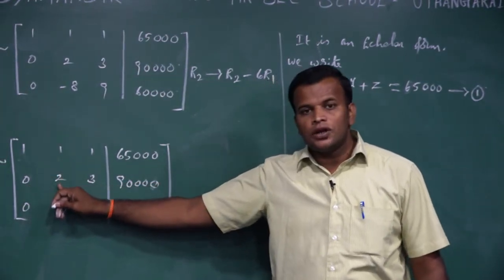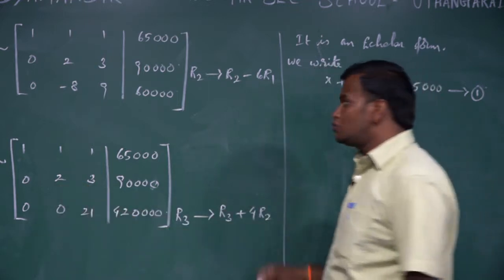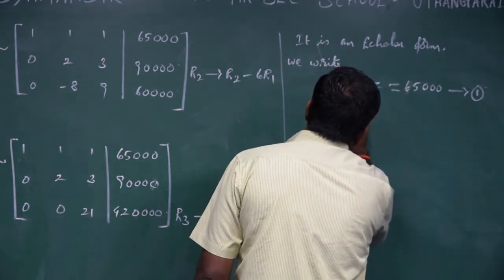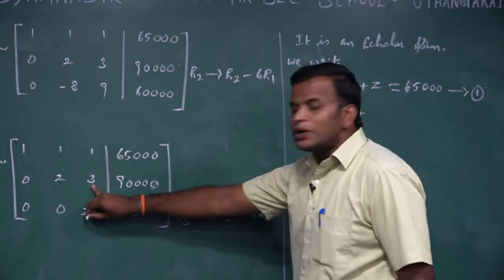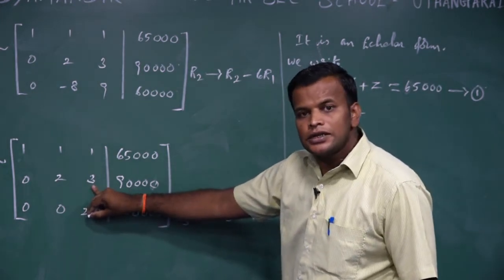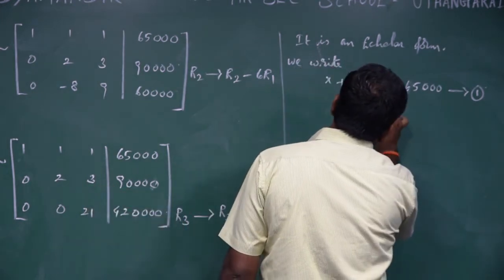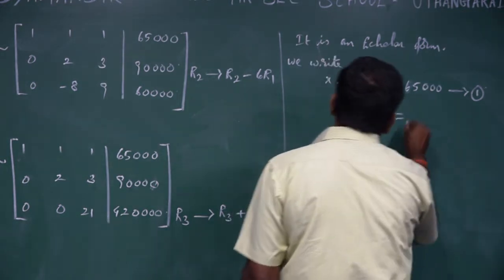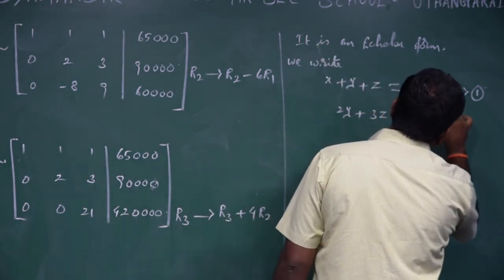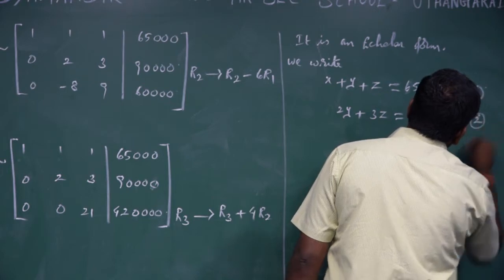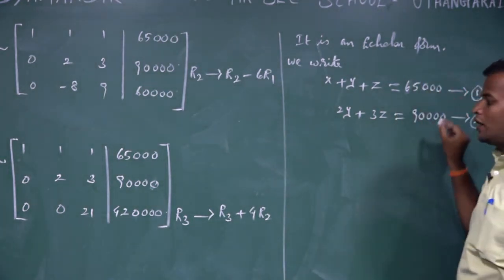Second one is the coefficient of y. So 2 into y is 2y. This one is the coefficient of z. 3 into z is 3z. Is equal to 90,000. We are using this equation, so I call it equation 2.